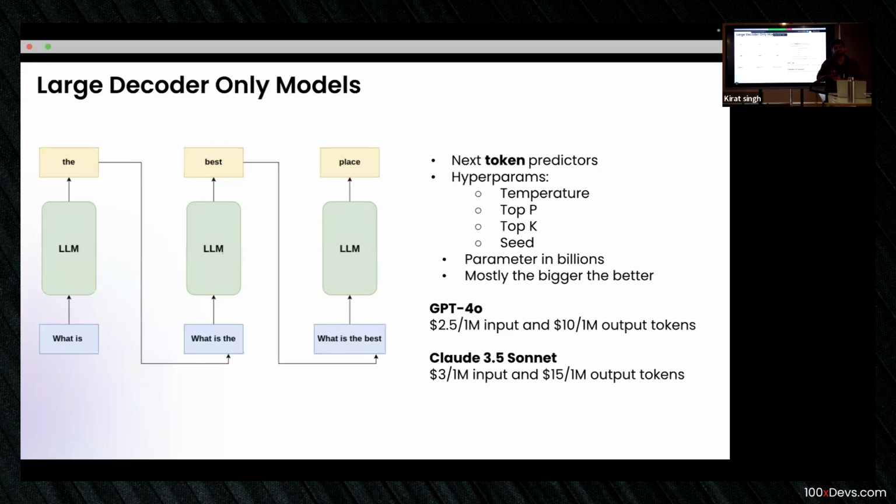These things are called seeds, right? If you fix a seed, there's a high probability that the next time you ask the random number generator, it will still give you the same random number, right? Because of the way it's using the seeds. Some APIs give you the option to fix a seed. If you do that, there's a high chance that the model would output the same thing.